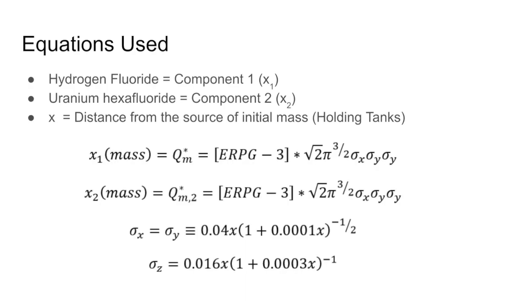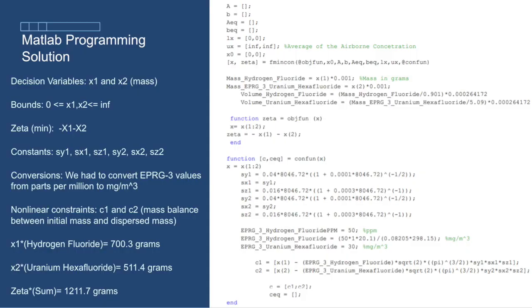So if we take our ERPG 3, which is a mass per volume, times the volume of dispersion, we will get a mass. Mathematically, we will take the left-hand side, which is our Qm, or our x1, minus the right-hand side, and set that equal to 0. This is basically a mass balance on our 5-mile volume space that we had defined previously.